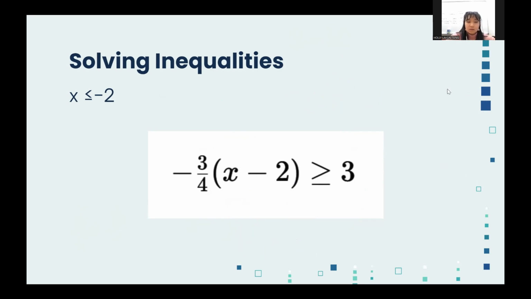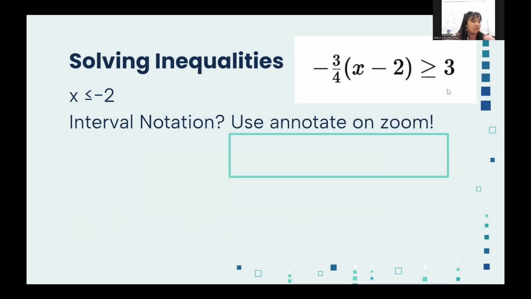All right, so now that we've figured it out, can anyone go ahead and annotate with the interval notation? So what we were doing earlier with the parentheses or the brackets. Can anyone give us the x interval notation?